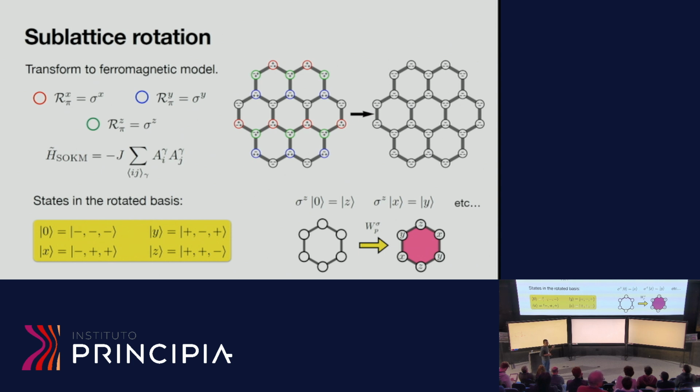For those of you familiar with the Kitaev and Kitaev-Heisenberg models, this is the same sublattice rotation that you use to demonstrate some dualities in the Kitaev-Heisenberg model. So you divide the honeycomb lattice into 4 sublattices, and on one you do nothing, just the identity, and the other 3 sublattices you rotate by pi around x, y, or z with this pattern. And in this way, you can actually change the sign of the interaction in the Hamiltonian.